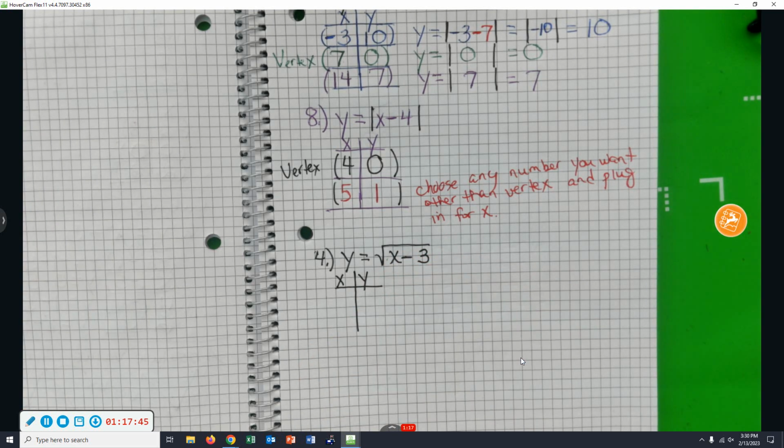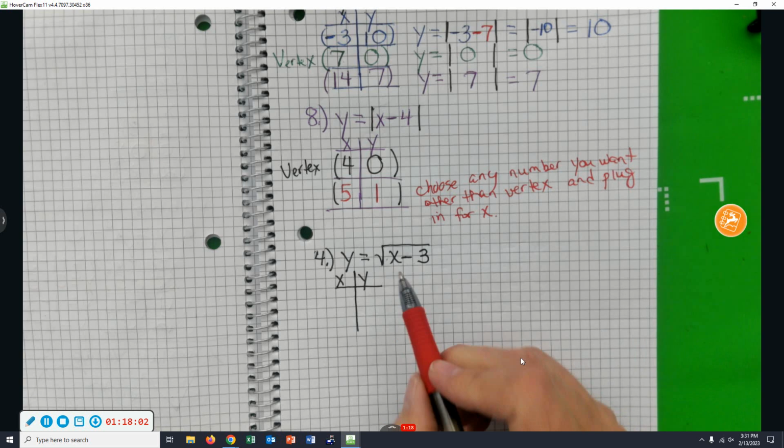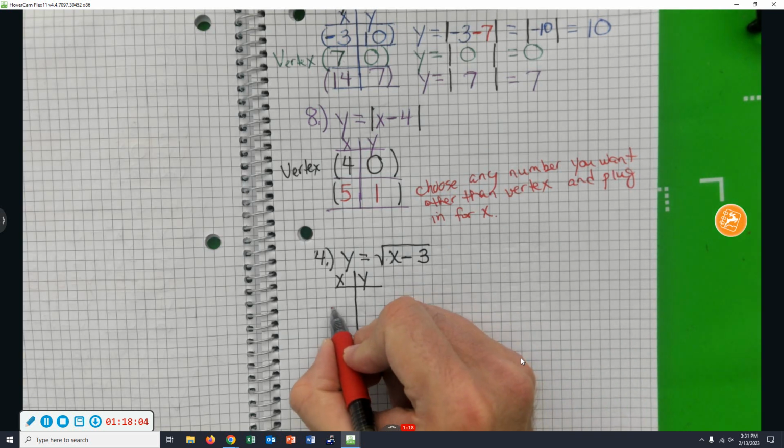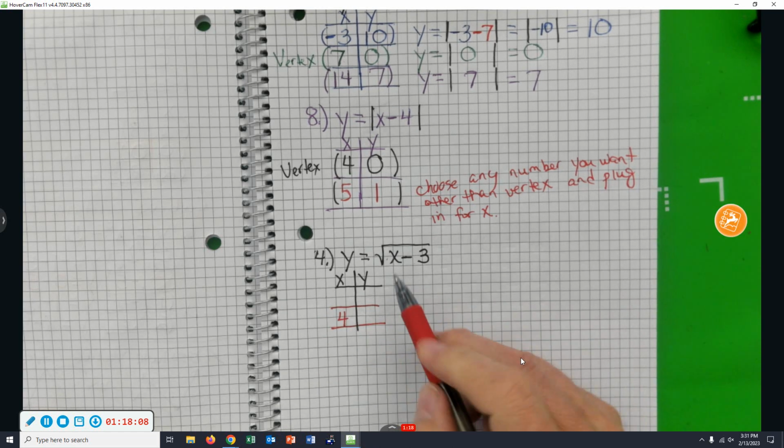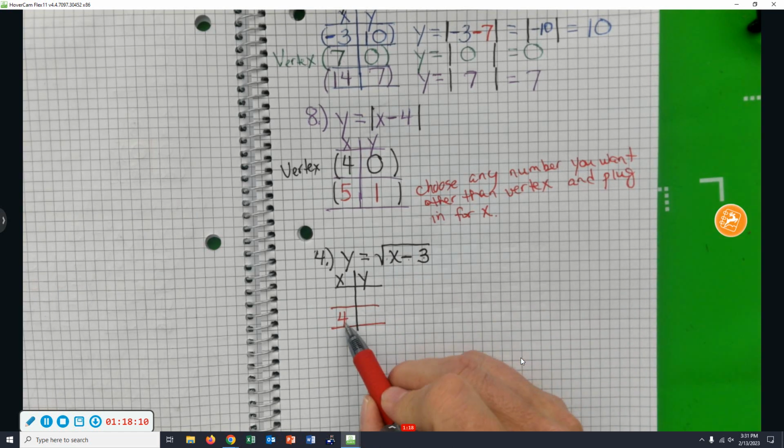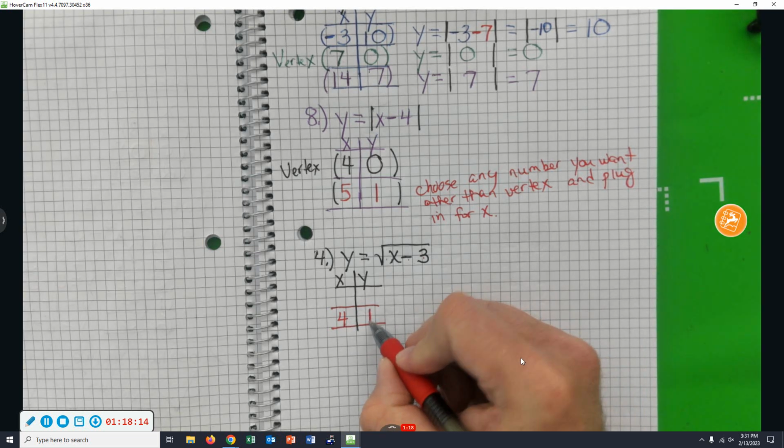No, there are no imaginary numbers on the x-axis and y-axis. You don't want a negative 1 under the square root symbol because that would be an i. So you're saying plug a 4 in for x. 4 minus 3. What would that give me for the y value? 1. A 1. Okay.